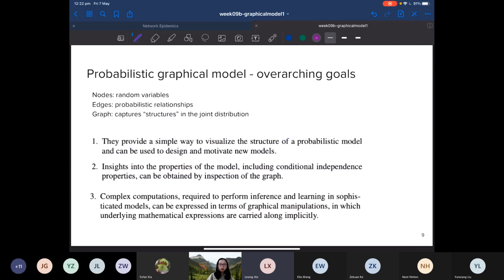All right, so what are the overarching goals and advantages of working with graphical structures in probabilistic models, right? One advantage is to visualize the structure of a probabilistic model. For example, some of the early applications of Bayes nets are to troubleshoot why the printer failed, right? A printer is a machine with many different components, and it's connected to other things.